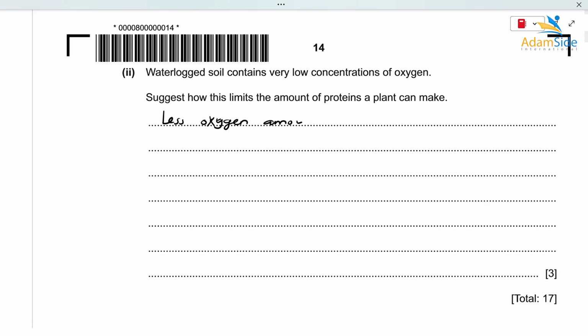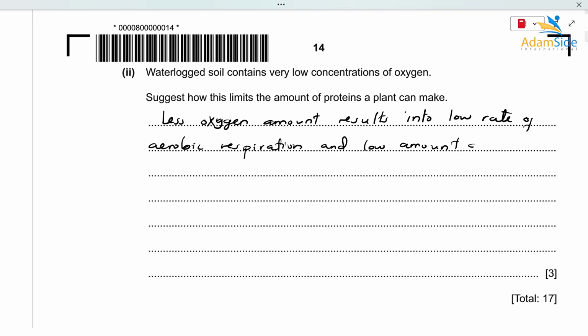So here we say that low oxygen amount results in low rate of aerobic respiration and low amount of energy produced.